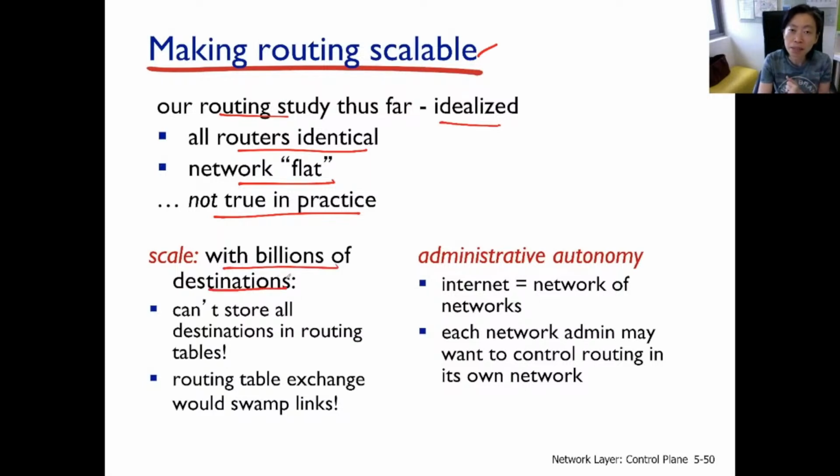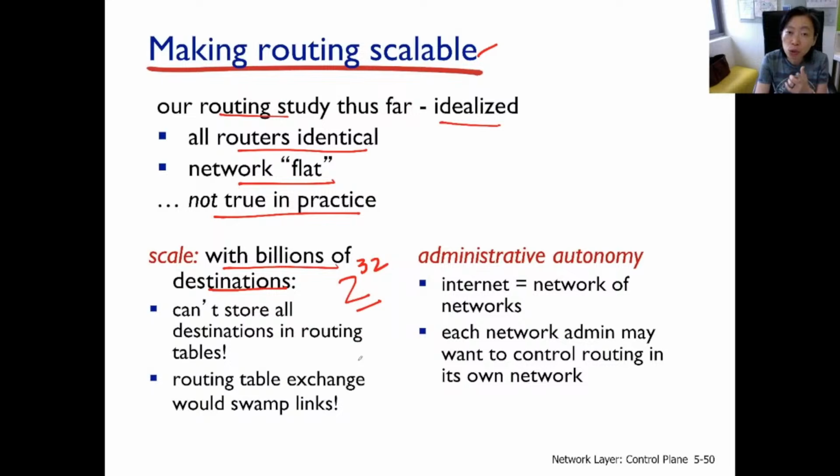How many possible destinations we might have on the internet if the internet is completely flat? If we draw the graph of the internet, there's going to be how many? Yeah, these many destinations. Therefore, in each of these distance vector routers, in order to store the shortest distance to each of these destinations, in order to store the predecessor, okay, to each of these destinations, how much memory is required?